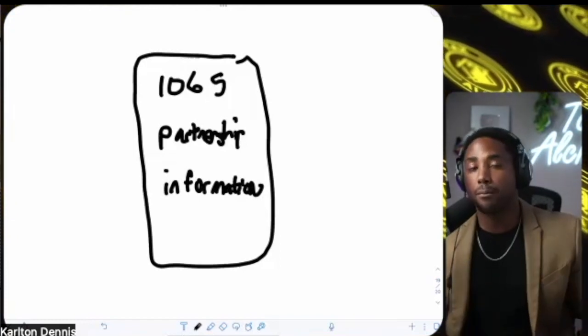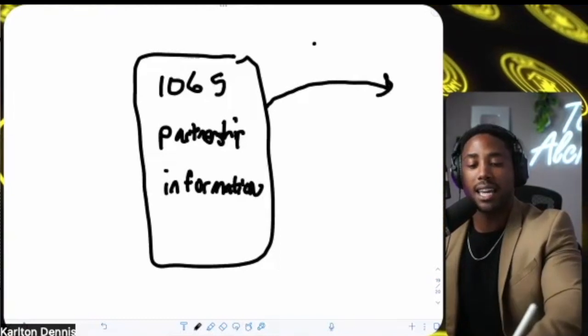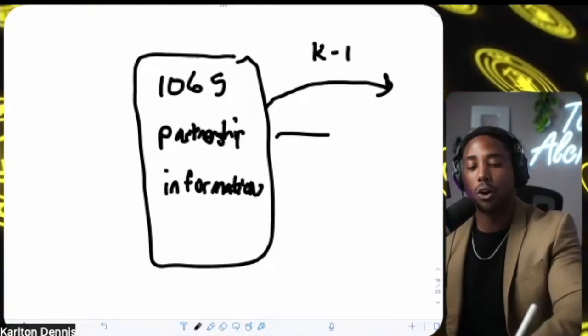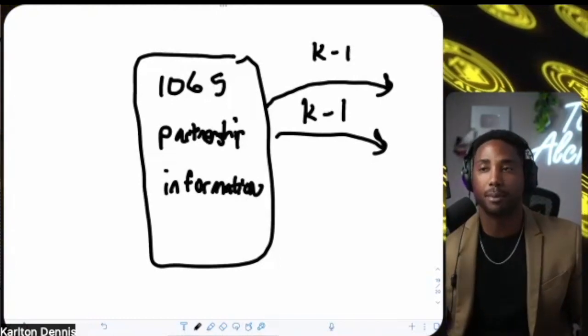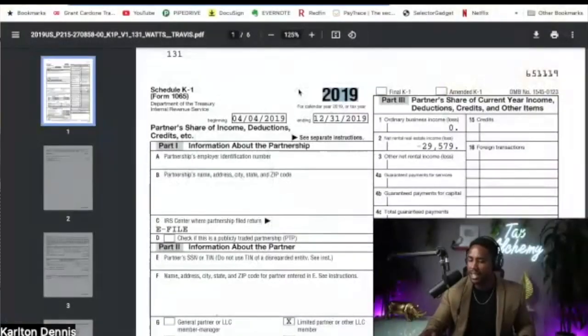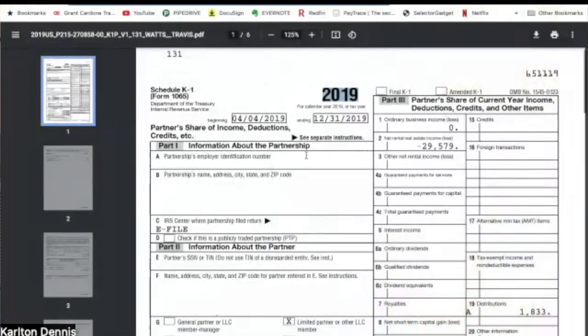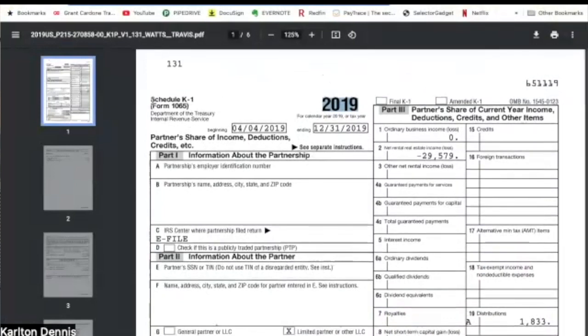And with the information return being filed, the 1065 will push out K-1 forms to all investors or all owners of that partnership. And so when you guys see today us looking at this K-1 form here, this is exactly what comes after a 1065 tax form is completed. So hopefully that makes sense.